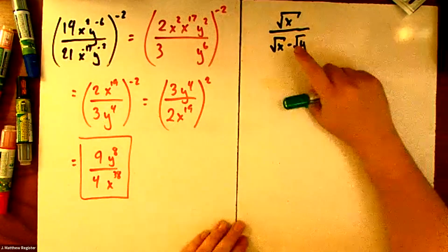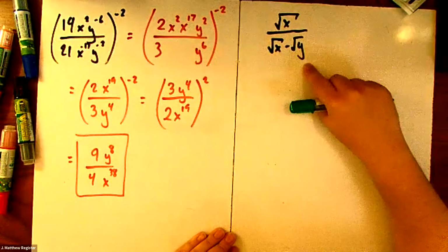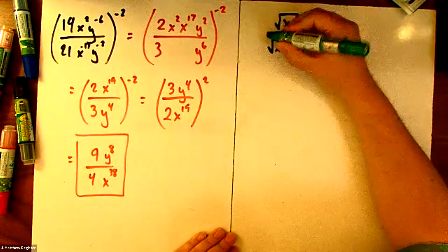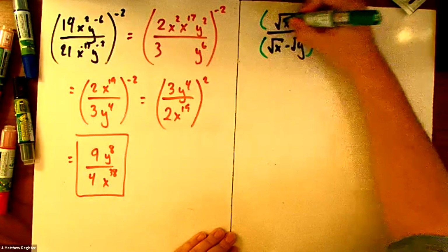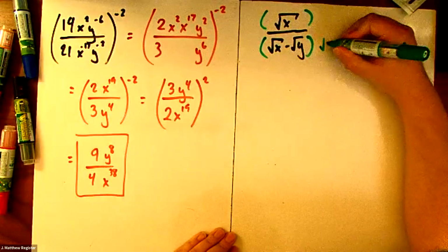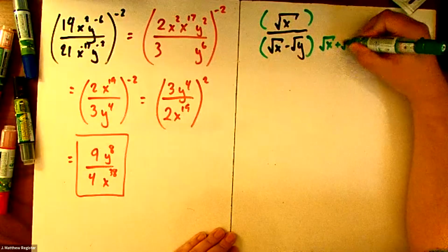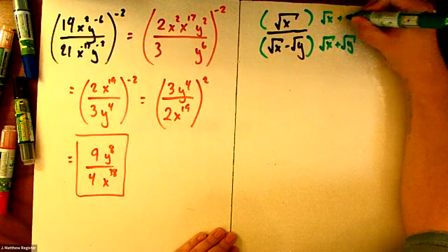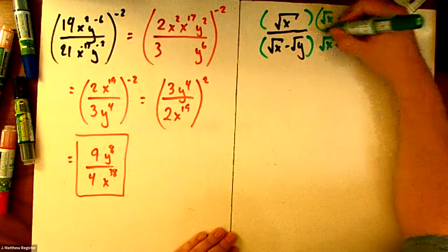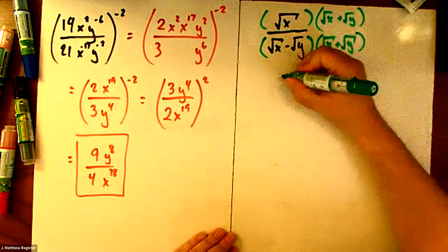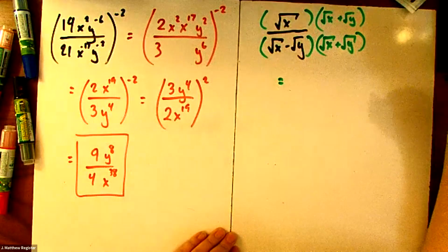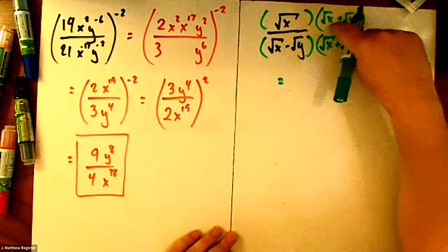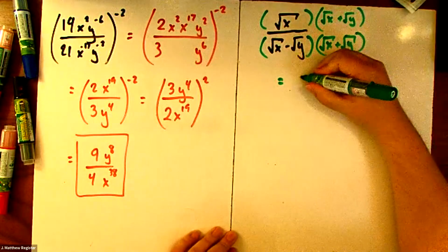And so the conjugate, remember, is going to be the exact same expression you have in the denominator, just with the sign changed. And so we're going to multiply the top and bottom of this by square root of x plus square root of y. When we do that, on the top, it's not going to become that nice. Square root of x times square root of x is x.